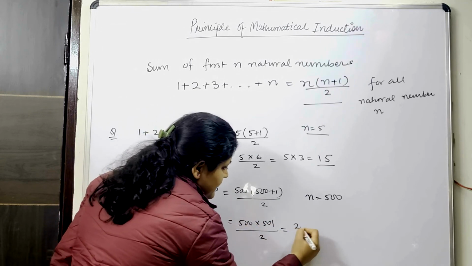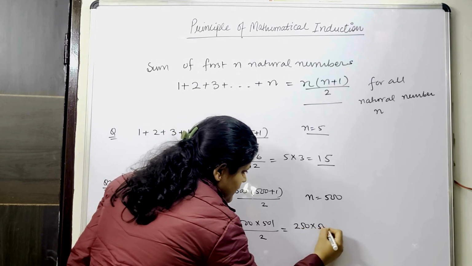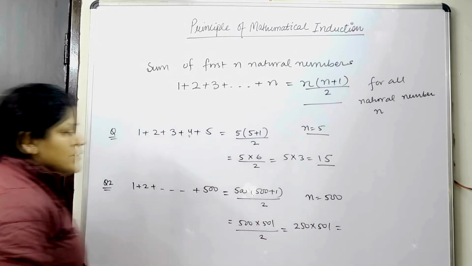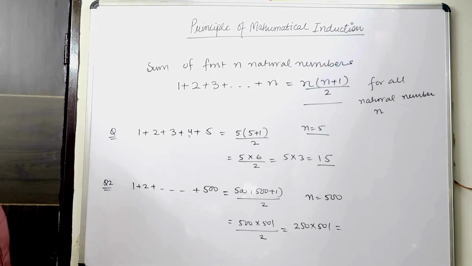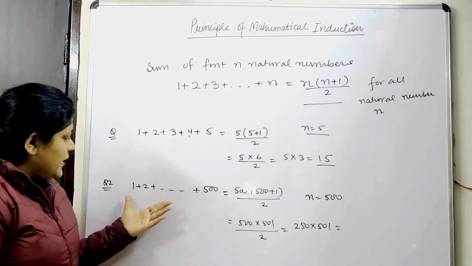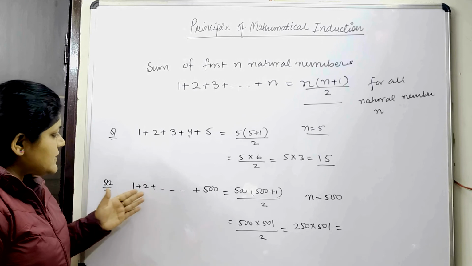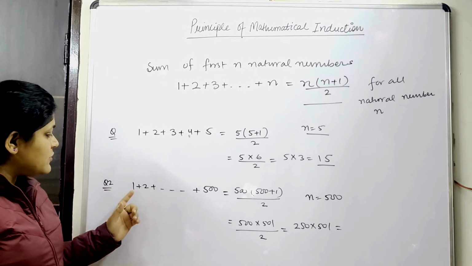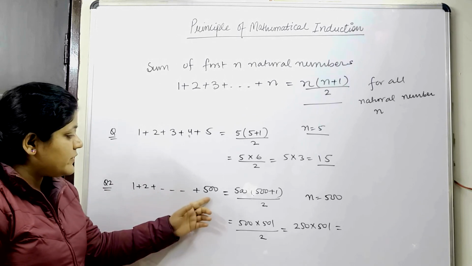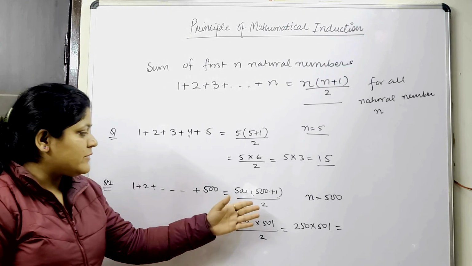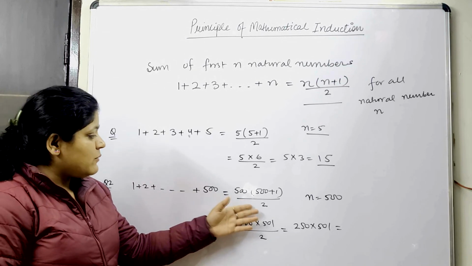That means by using this, we can find the sum of the first n natural numbers. Suppose we have to find 1 plus 2 up to 500, then we can easily compute the sum by using this formula.